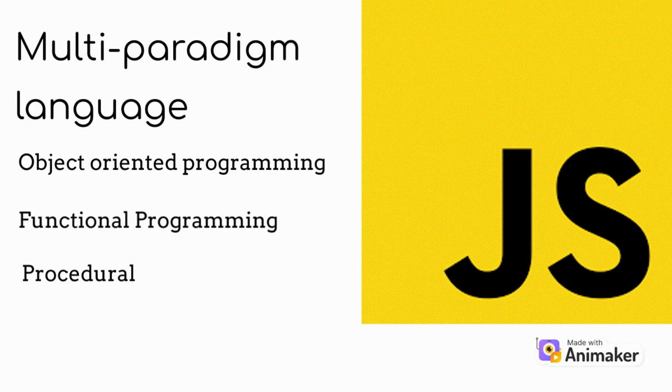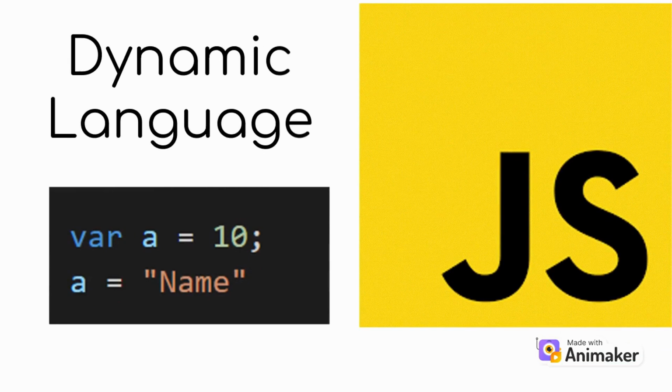Next, JavaScript is a dynamic language. As we discussed, JavaScript is not a statically typed language, but TypeScript is, which is a superset of JavaScript. You can define one variable and later on you can change the data type of that variable. At runtime, JavaScript will understand and try to store that value in that particular variable.